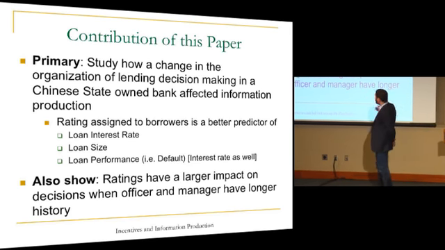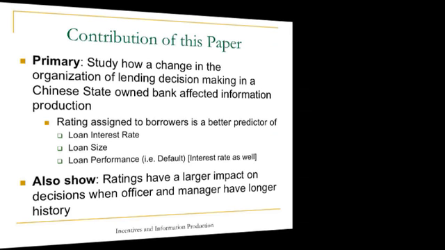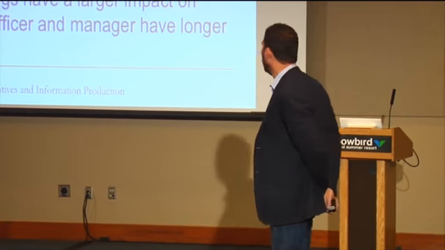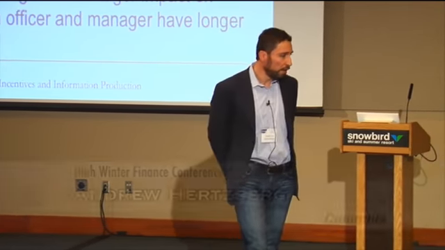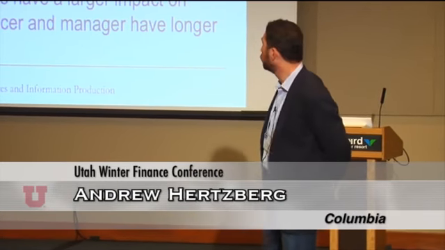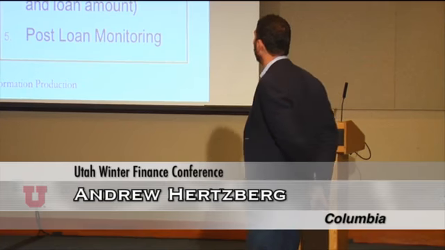As a second component of the paper, they then look at whether communication has a larger impact when you have a longer relationship with the manager who's using the information that you're producing. In the interest of time, I'm going to set that part aside and just drill down on the first experiment: how does the organizational change affect communication within the firm?